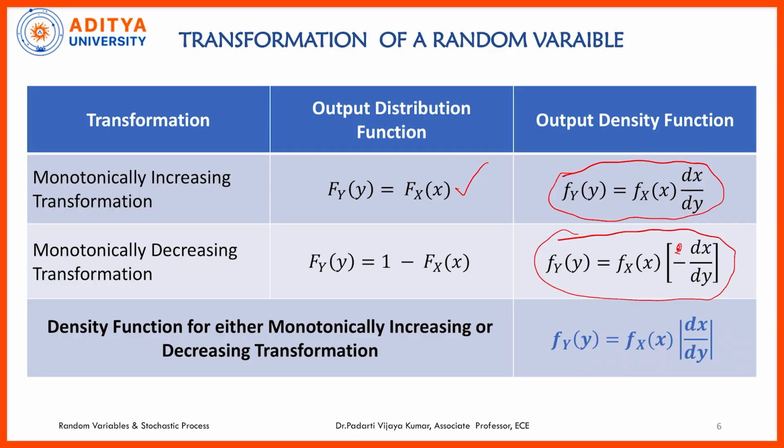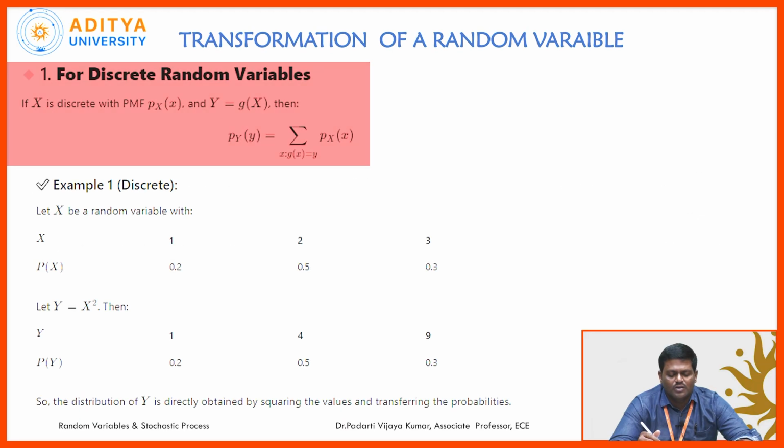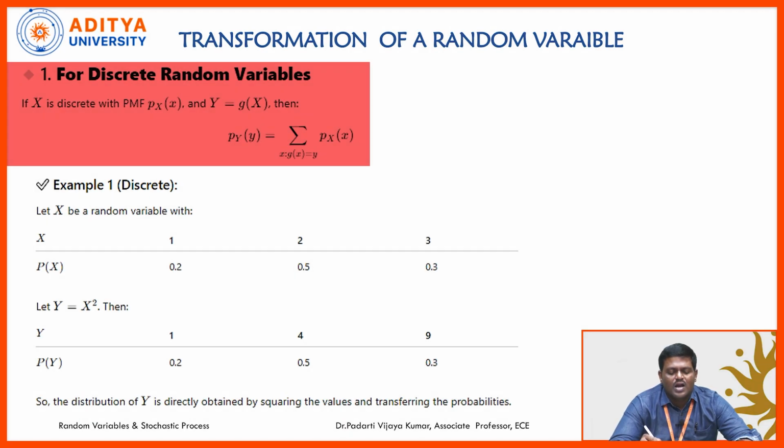So in general, whether it is a monotonically increasing or monotonically decreasing transformation, we can express the output random variable density function as fx of x into the absolute value of dx by dy. This is the general relation for conversion. And similarly for a discrete random variable also we can apply these concepts, not only for continuous random variable.